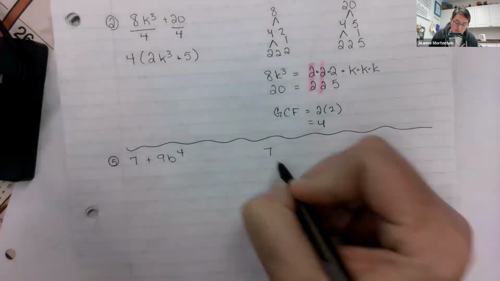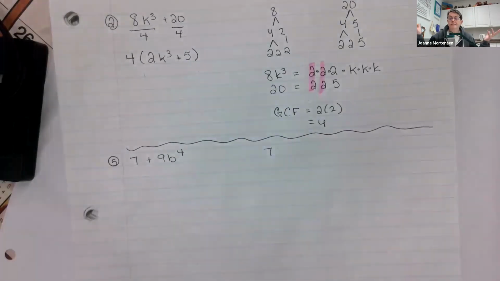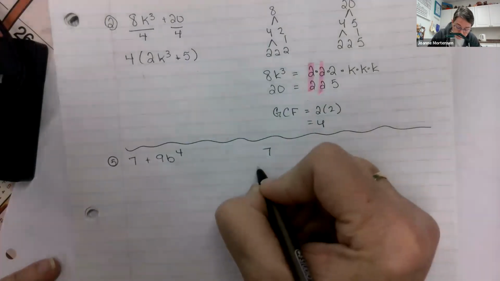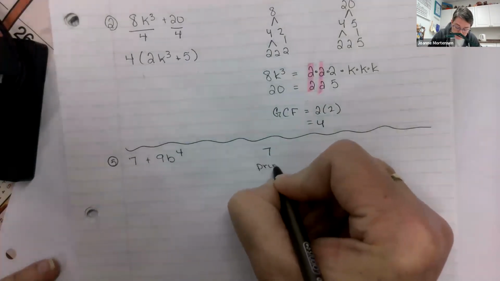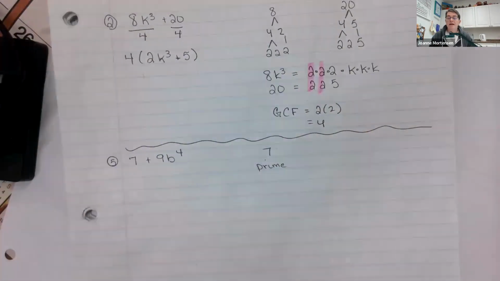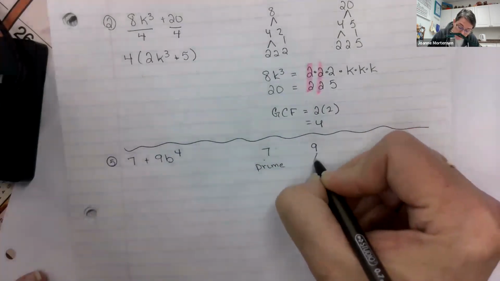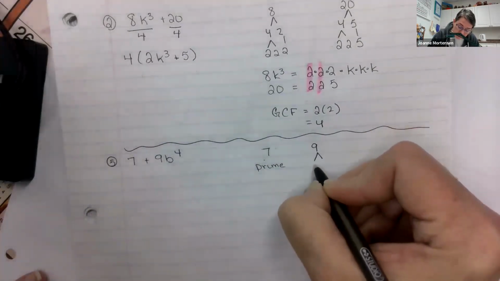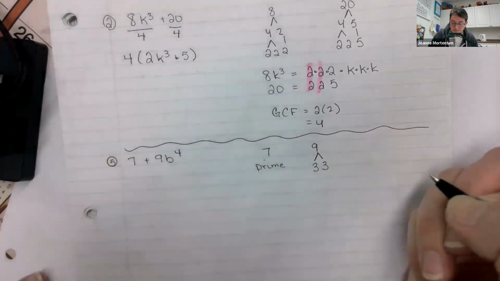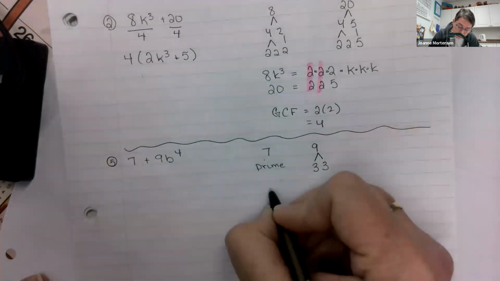So 7, it's already prime, so you can't really break it down, but I'm going to write that, so later on I know why I didn't do anything to it. And then we got 9, which is 3 and 3. That was pretty easy.